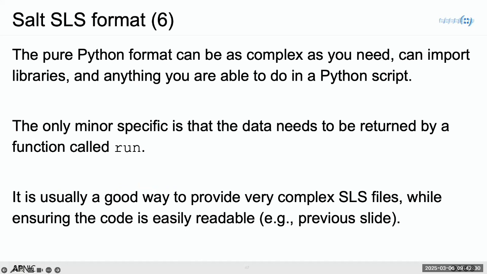As pure Python, it could be complex, and maybe not everyone understands it. You have to learn about it, but there are different libraries which you can import, and this makes our life easier. So we only need to do minor changes in that case, and it can return some data based on the functions we use.